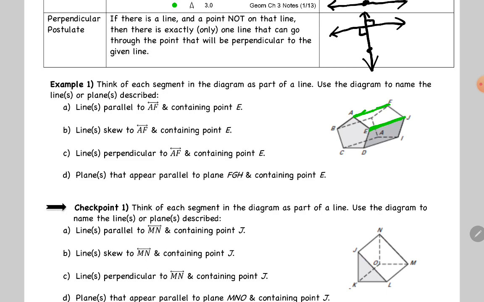As you can see, those lines will never intersect. And that's it. Trying to think of any others. I think that's it.